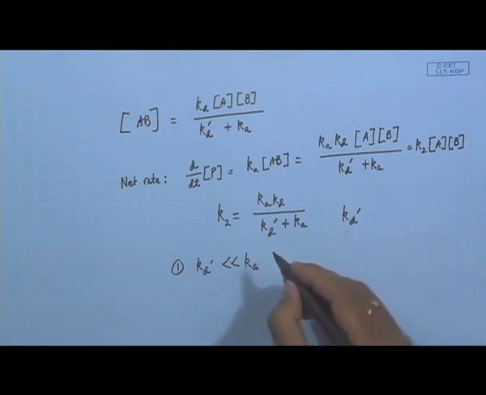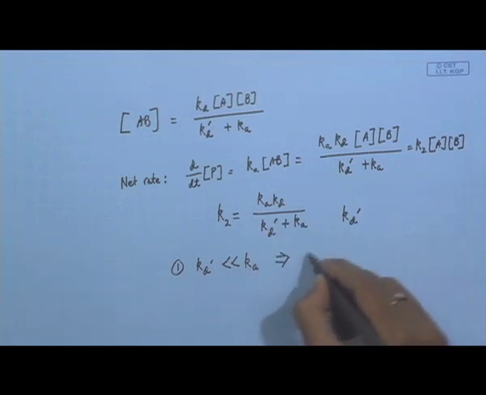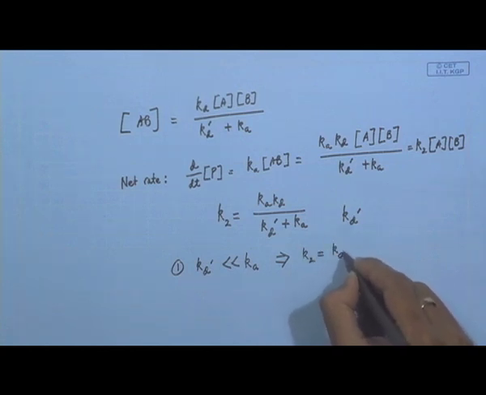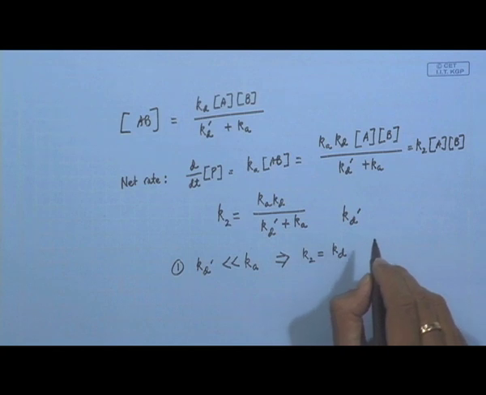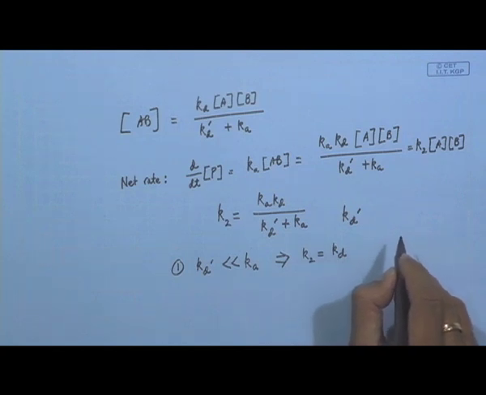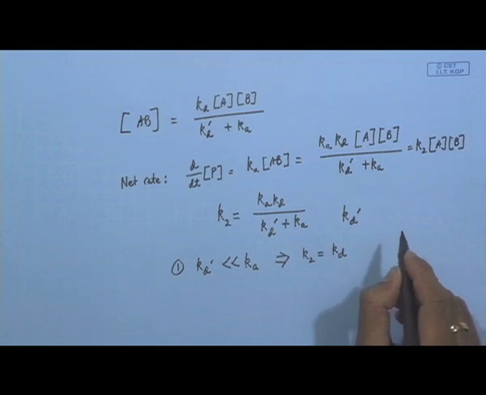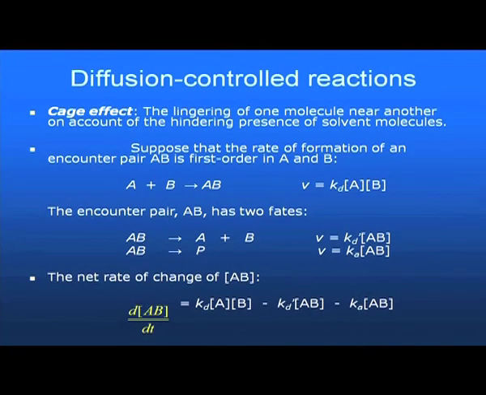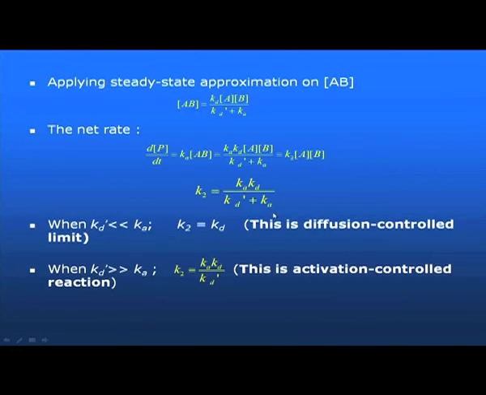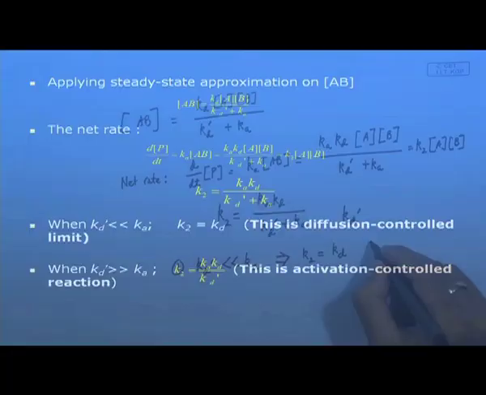This will give you K2 equal to Kd. Kd means again the first step, the encounter complex formation step, and this is called the diffusion controlled limit.